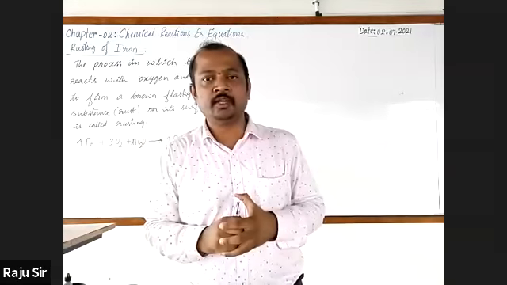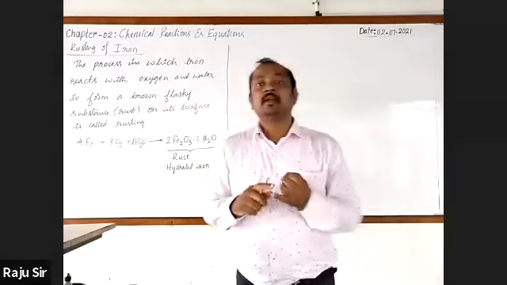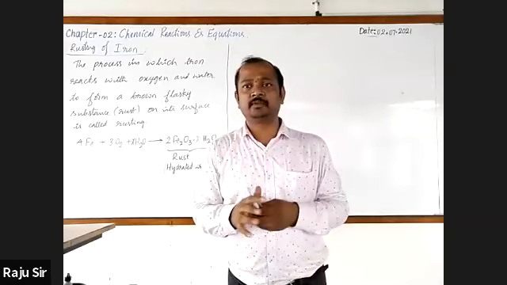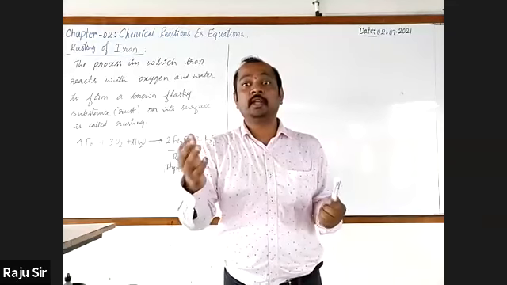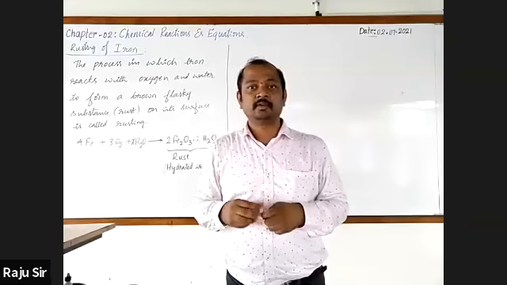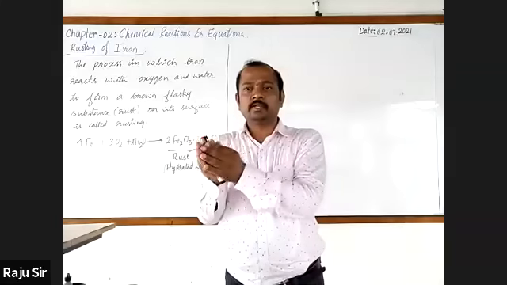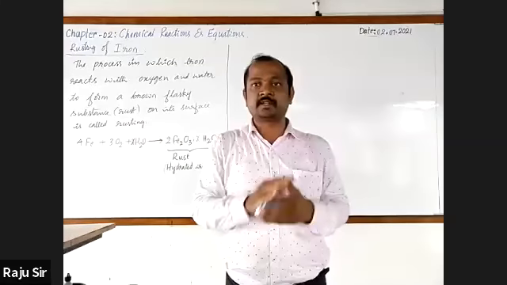Pranati, are you following? Okay. Then another point, galvanization. Very good. You are very familiar with that. In 8th standard only, you have learned about electroplating, a process where one metal is coated on the surface of another metal by passing electricity.